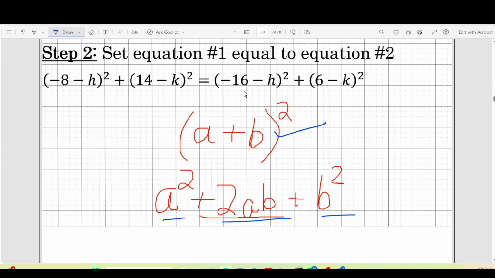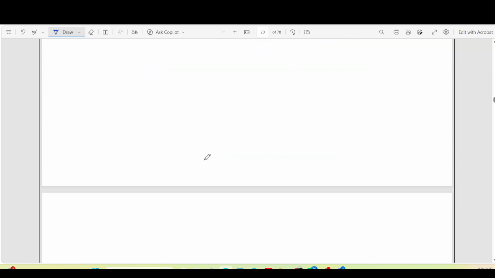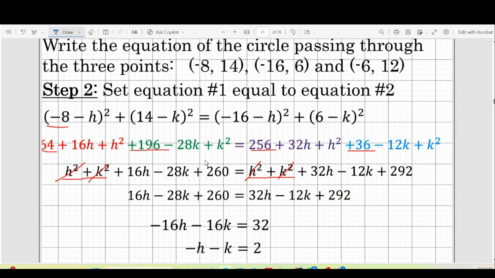Using this we can expand each of these whole squares. So 8 square is 64, then 8 times 2 is 16h, then we expand b square. Both sides have h square and k square, so we can cancel these, and we are left with this part and this part.